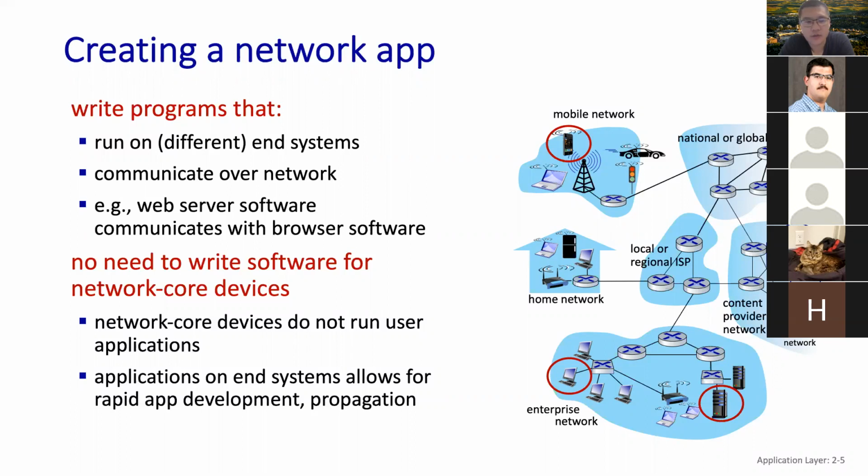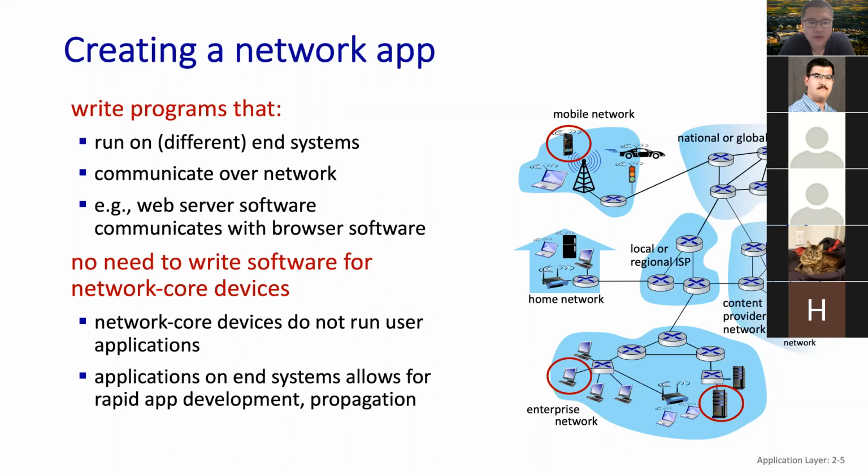And your browser will communicate with the web server installed in the ECS server, right? And they can communicate with each other. They can send the request and the response, right? So that's a simple example of a network application or program.